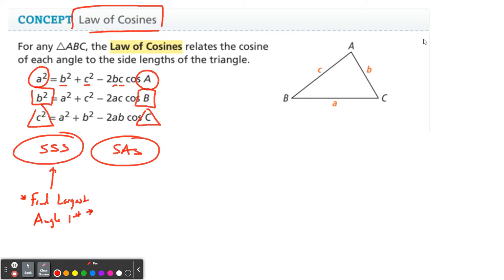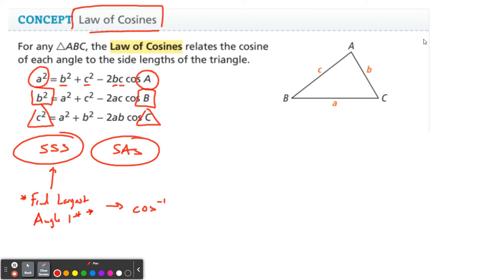The idea is that when you have to find an angle, you're going to have to use what's called the inverse cosine. All right? And the inverse cosine, this is a lot of pre-calc talk, has a range between 0 and 180. So if the largest angle is obtuse, you will get it by using the inverse cosine.